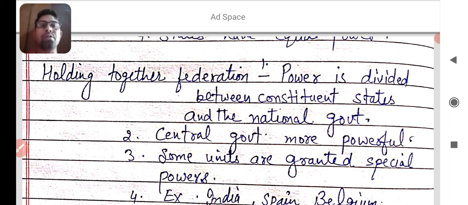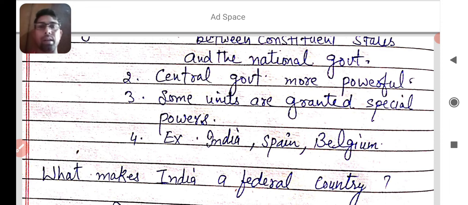It means central government is more powerful there. And some units are granted special power, as you can observe in India. Some states have been granted different powers. The states of the Northeast, and you learned that special power was also given to J and K, but it has ended now.